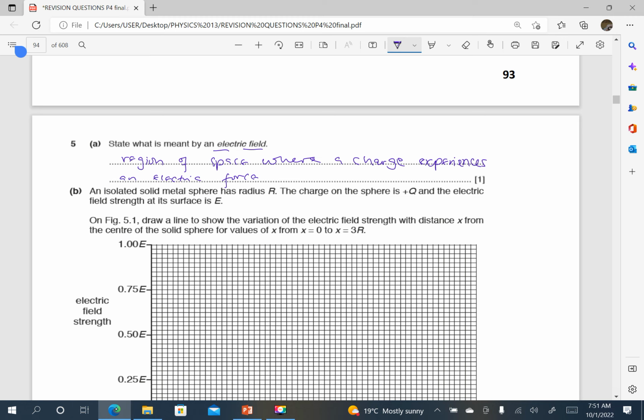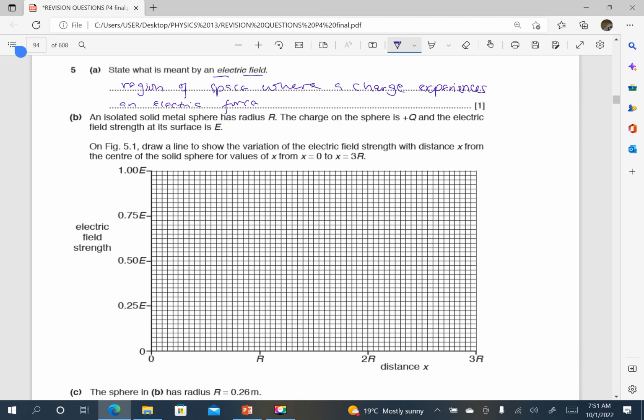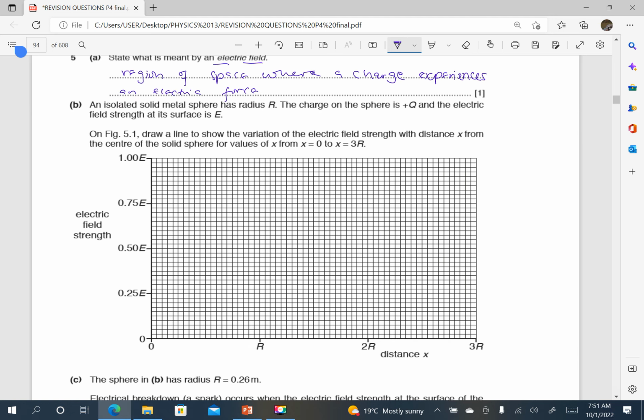A region of space where a force is experienced due to a charge is what we call an electric field.